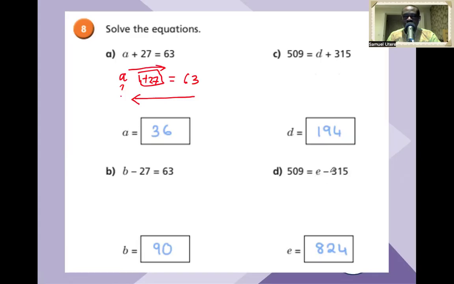Here, we have to subtract 315. So to get E, we do the inverse of our function machine, we add 315. All right. So if you do not know what I've just done, you can go and review our earlier lessons from year 7, term 1 about how we solved equations using inverse operations for our function machines.